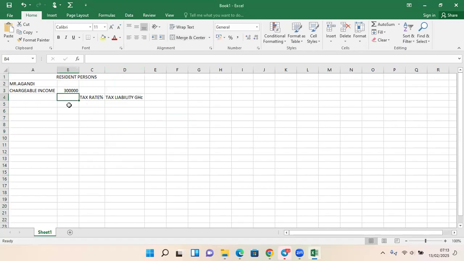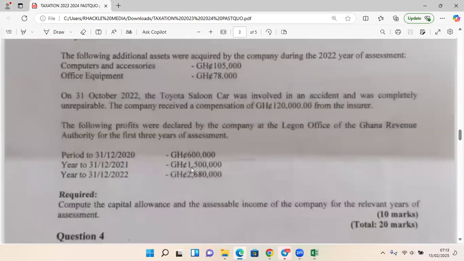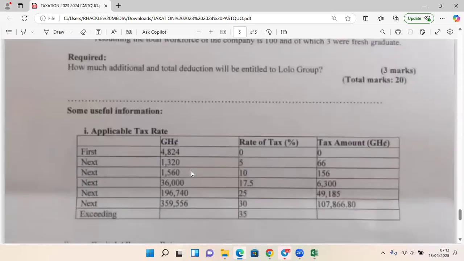So now let's look at the graduated tax schedule. It's always given at the last part of the question. The rates are 0, 5, 10, 17.5, 25, 30, and then 35.